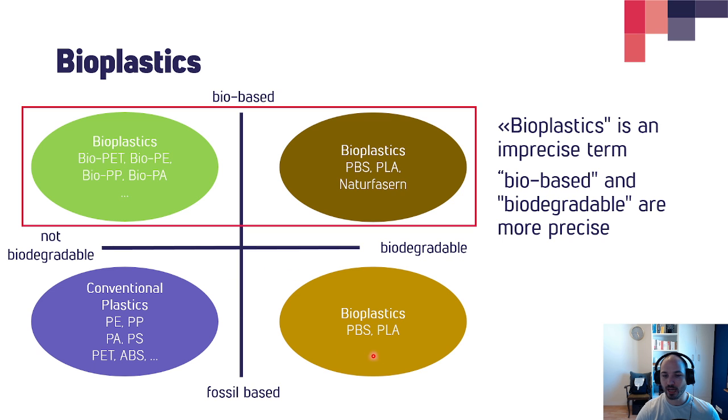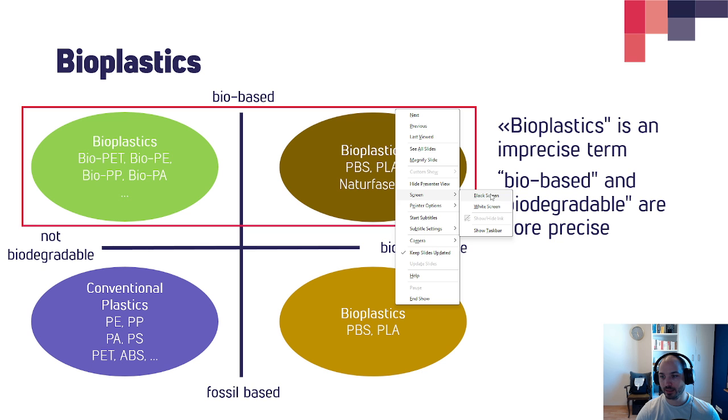And then you also have the fossil-based versions, which we should not omit. So here are the conventional plastics, such as polyethylene, polypropylene, polyamide, stuff like that. And then what many people don't know is you can also make degradable plastics from fossil sources. So that's also possible.